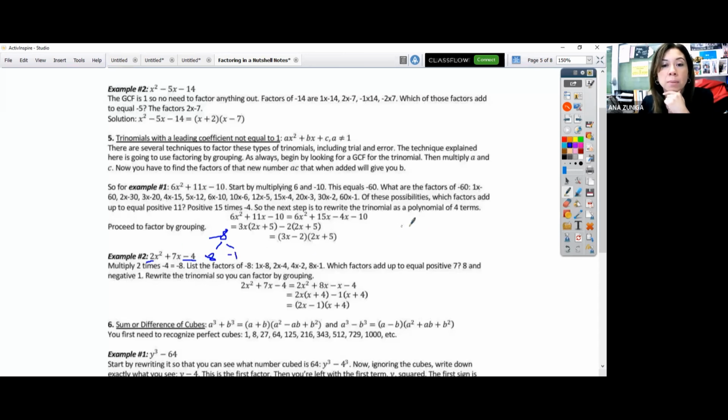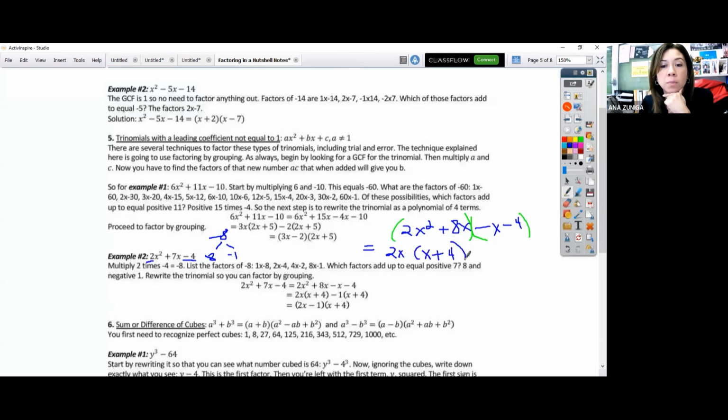I rewrite the problem. So 2x squared plus 8x minus 1x minus 4. So now I have 4 terms. I factor by grouping from the first group. They're both divisible by 2x. I'm left with x plus 4.